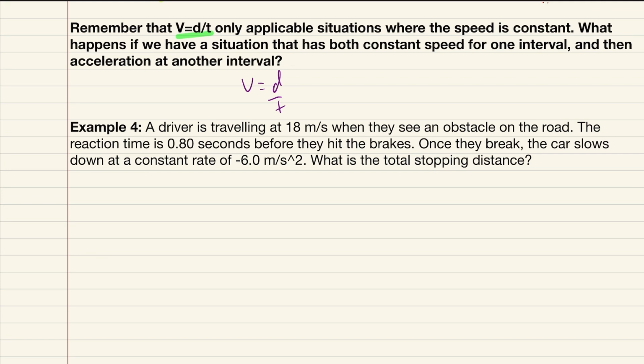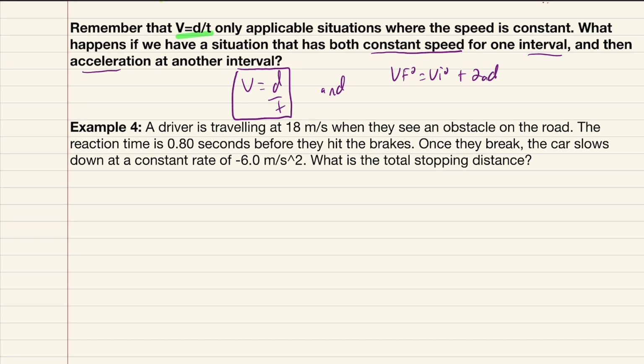So what happens though when we have a mix of both? When we got our v equals d over t, and we have one of the other acceleration formulas. Now by that, I mean in terms of a real life scenario, what happens when I got an object that is at first, or over one interval, moving at a constant speed, and then at the other interval, it's accelerating or decelerating?